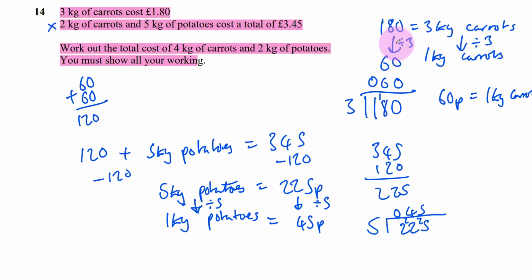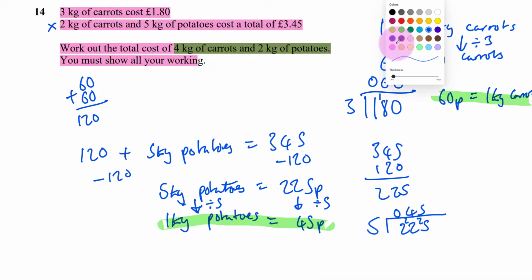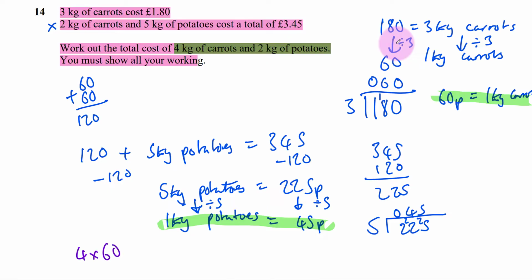Now you can see how once you've got all that information, let's go green, we can work out this bit here. Because we know 1 kilogram of carrots costs 60p and 1 kilogram of potato costs 45p. So we can just go to the final bit. We have to have 4 lots of 60, 4 times 60, because that's the 4 kilograms of carrots, plus 2 lots of 45.